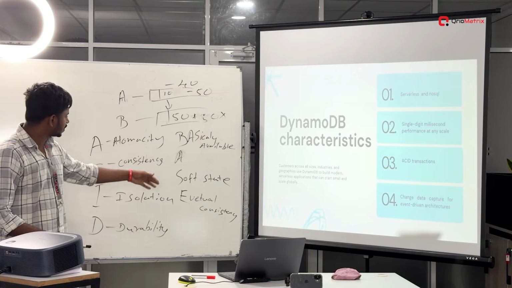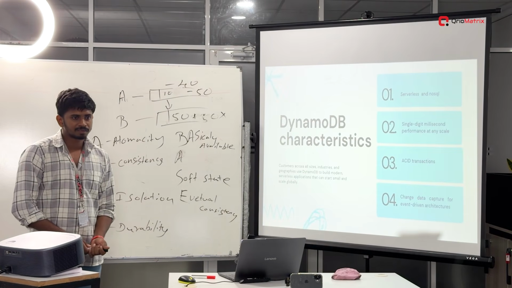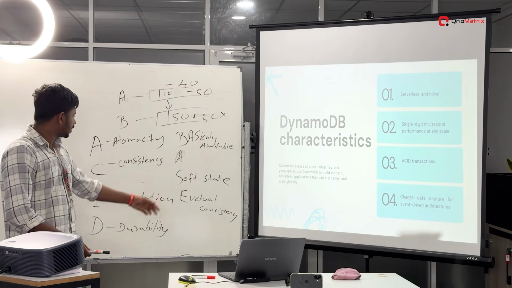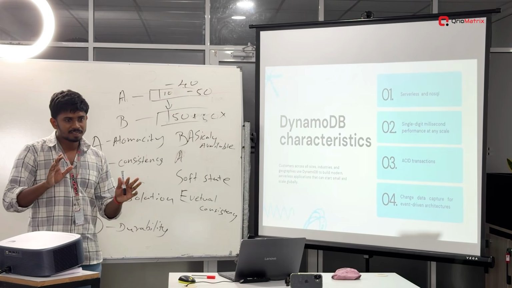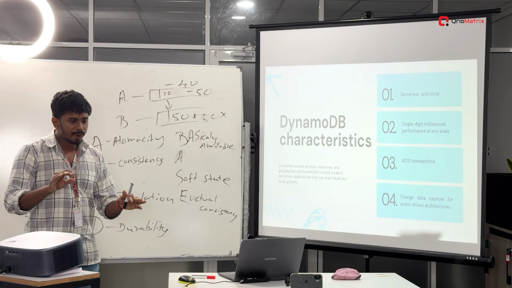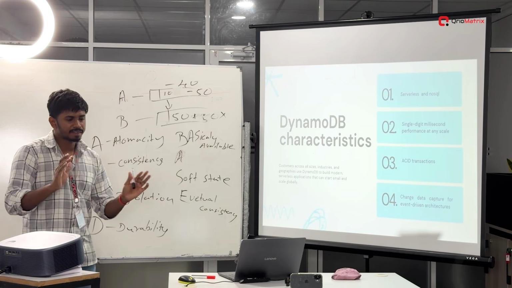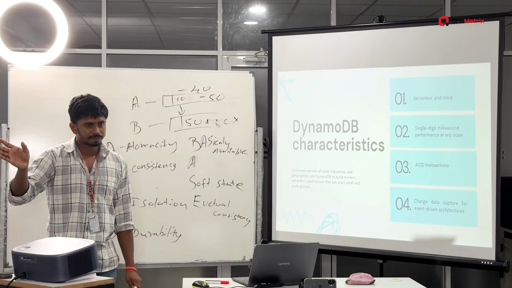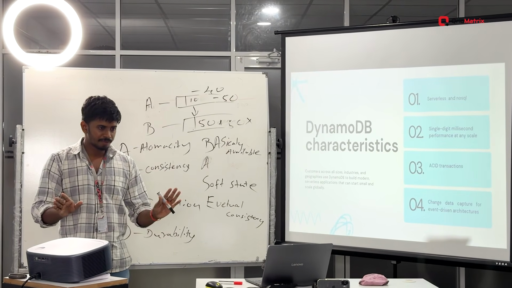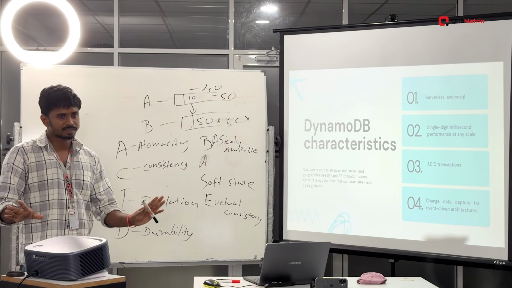And eventual consistency means it will not give consistency at the same time, but the data will be consistent after some time. Not at the exact time, but after some time it will be consistent.